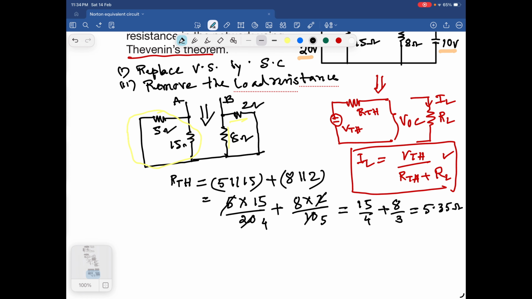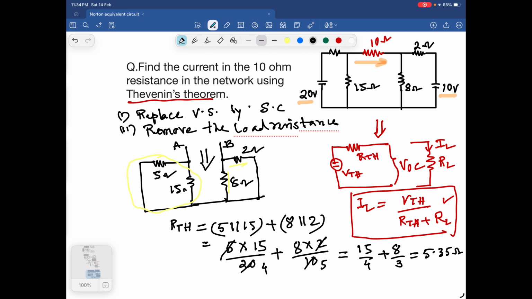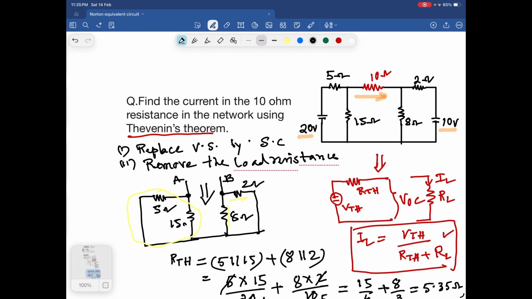Now our objective is to find out the current through 10 ohms. So here we have to check the potential at this point A and at this point B. We have to find out the potential at A and B. In this figure, this is A, this is B. If we use nodal analysis, the voltage at A, that is VA, is positive, and at node B, VB is positive.